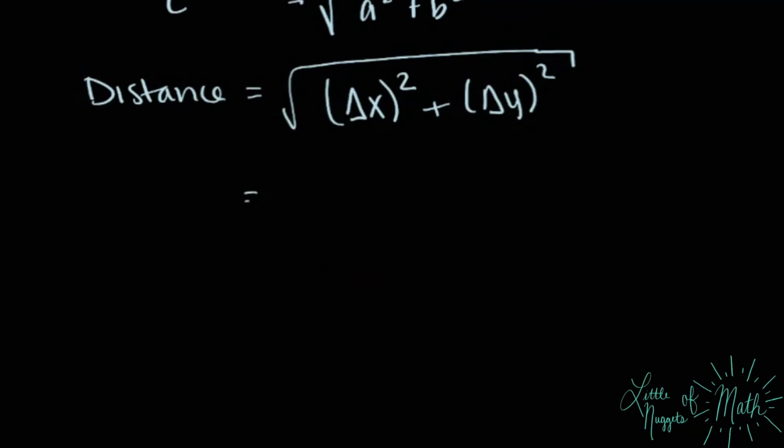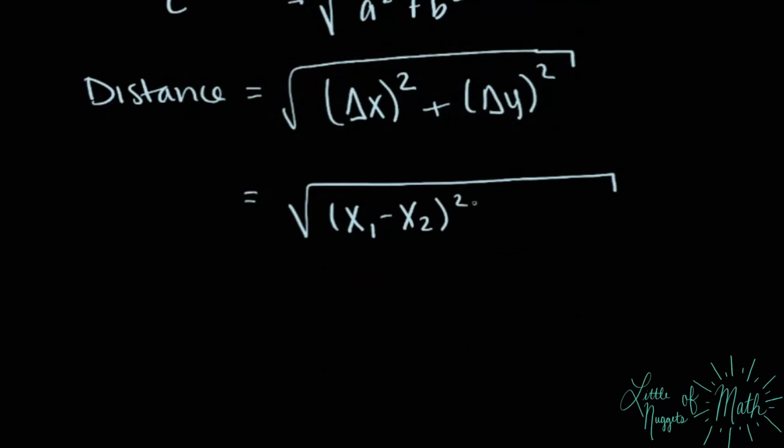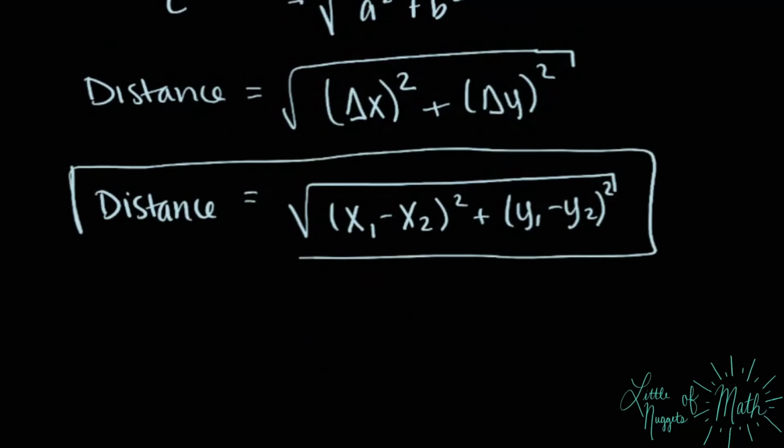And so one more way to write this is just taking your x coordinates and subtracting them, plus your y coordinates, subtracting them, and we square both of them to get your distance. And thus we've derived the distance formula. But really all we're doing is using the Pythagorean theorem and solving for c.